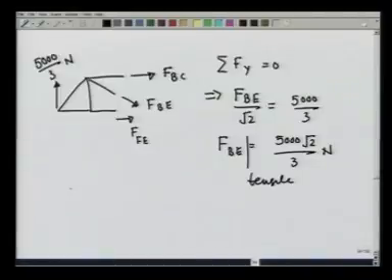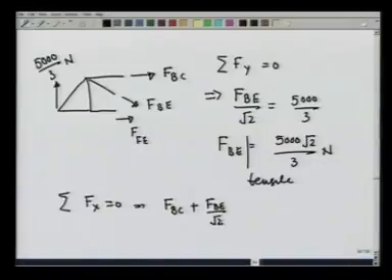Now, summation Fx is equal to 0 gives me that FBC plus FBE over root 2 plus FFE is equal to 0.